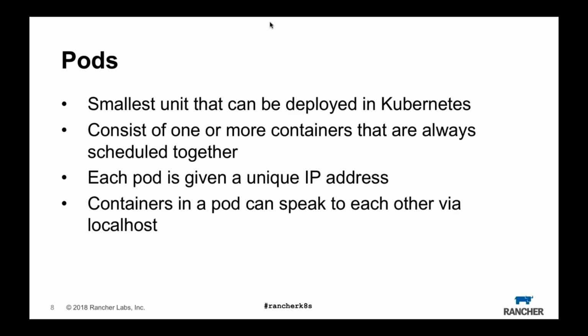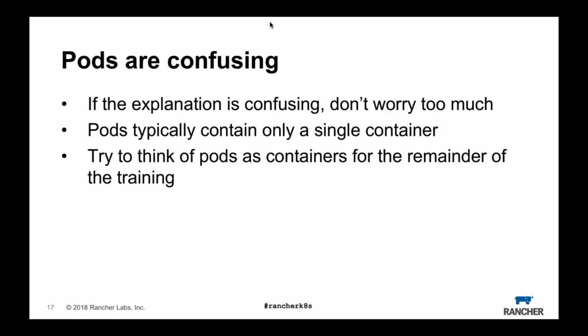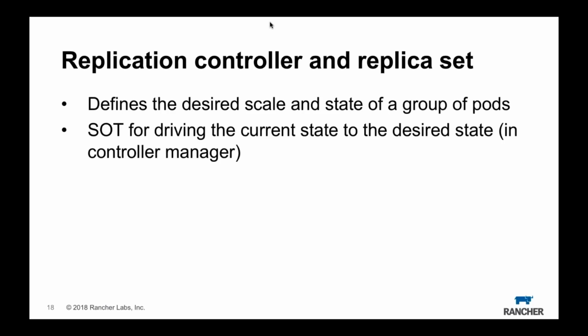Most of the time, you're actually not dealing with pods, because you're going to interact with an abstraction layer above it, which is either a replication controller or a replica set. This describes the desired state of the pods: all the properties of the containers, which image it uses, environment variables that you want to inject, and what the scale is.